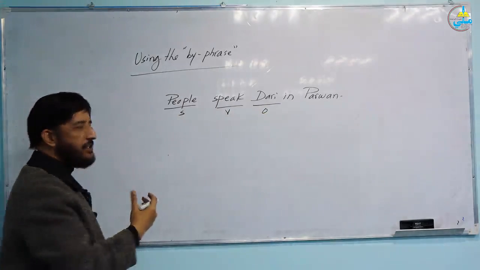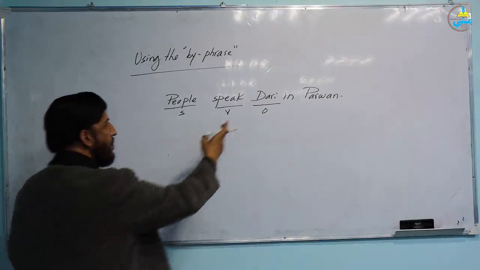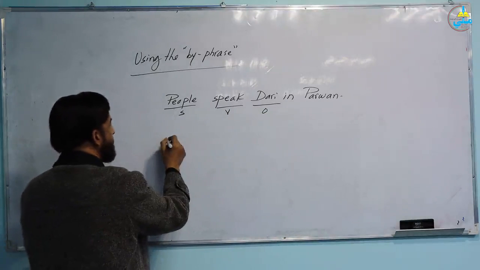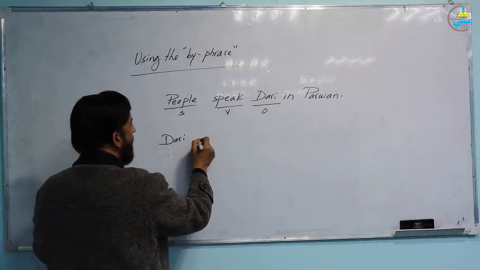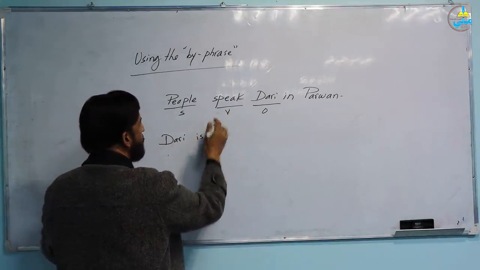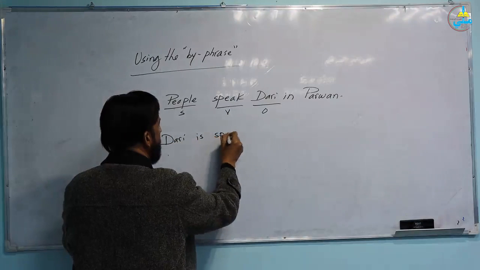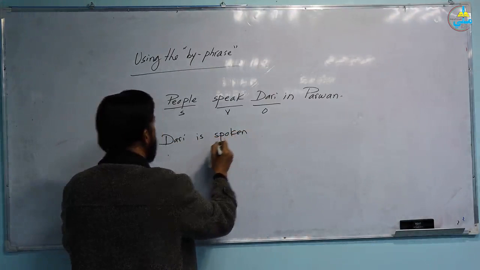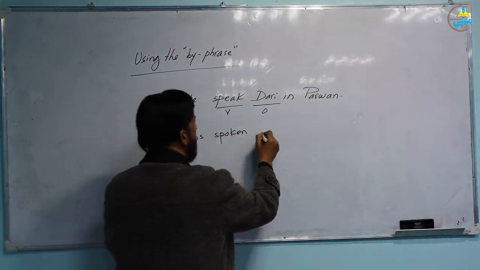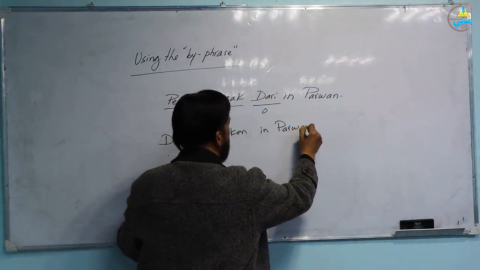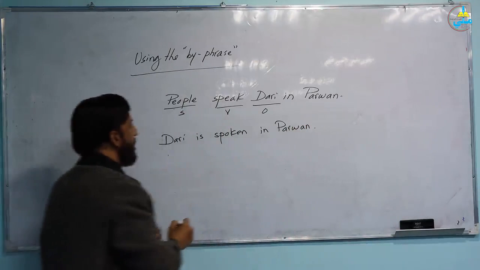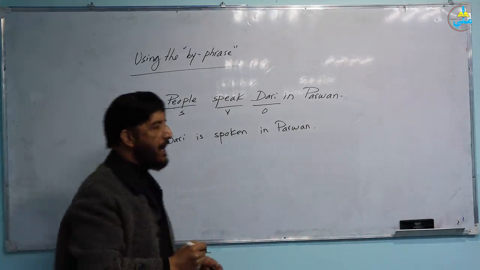So, if we change it to passive, we bring Dari here as subject. Dari is the third form of speak, spoken. Spoken in Parwan. Dari is spoken in Parwan.